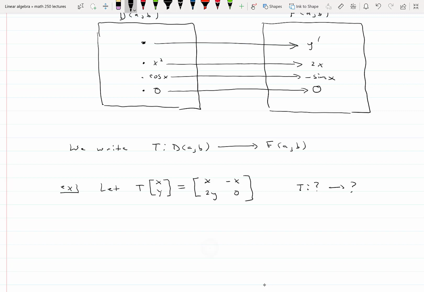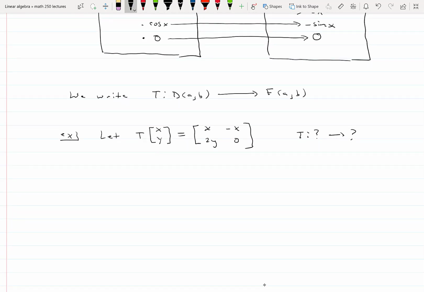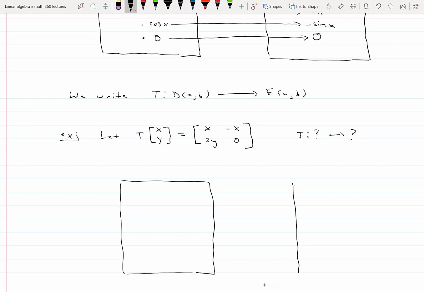Okay, so let's take a look at a rectangle that represents the domain and where those elements from the domain are taken into. So for example, T takes the column vector (1, 2) and turns it into what?